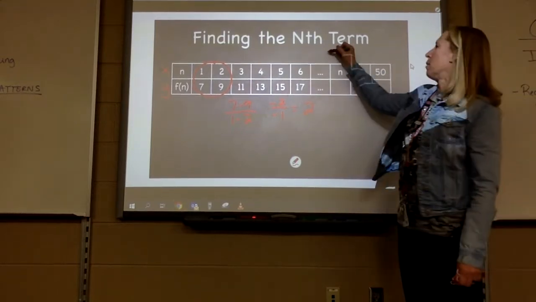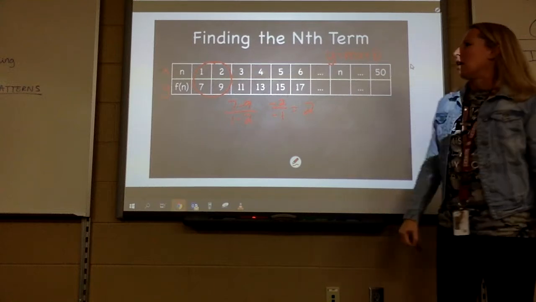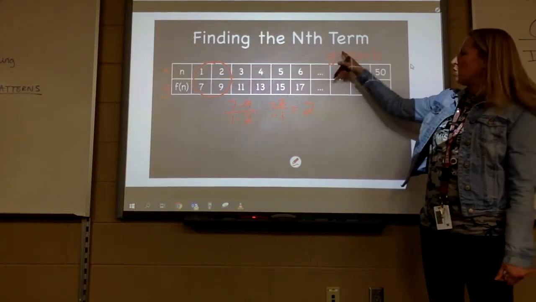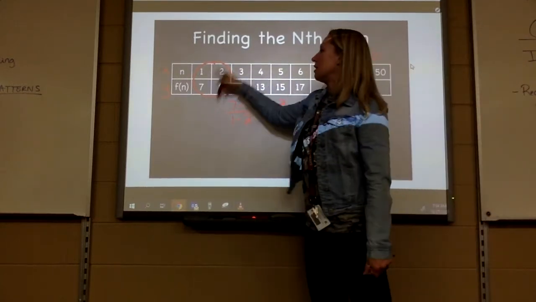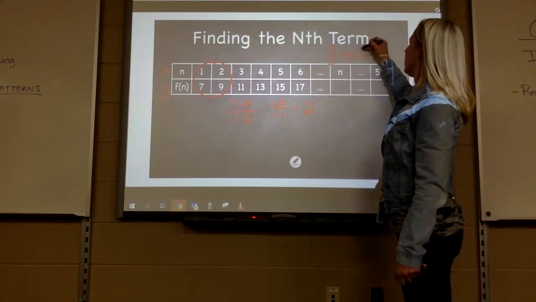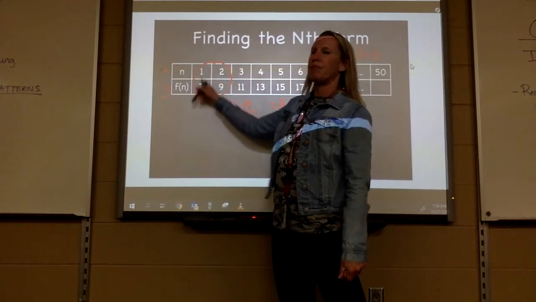Do you remember y equals mx plus b? I have to figure out what b is. I just found my slope is 2. To figure out b, I can plug in an x and a y, and it doesn't matter which numbers we use. I'll use the first pair, 1 and 7.